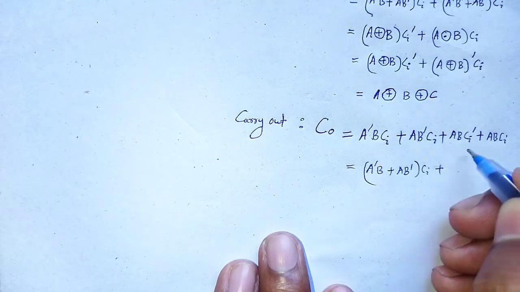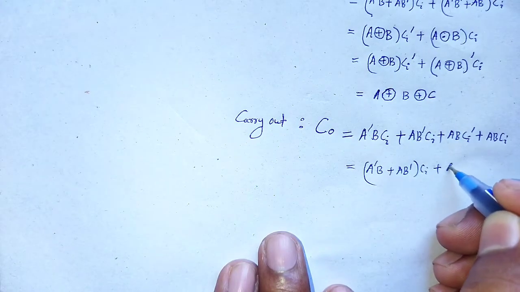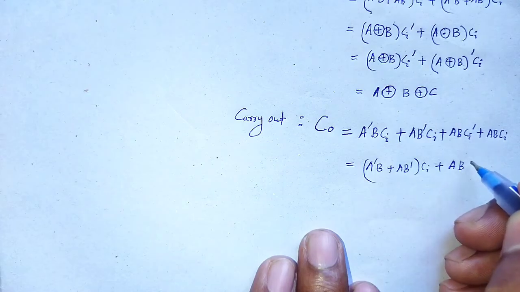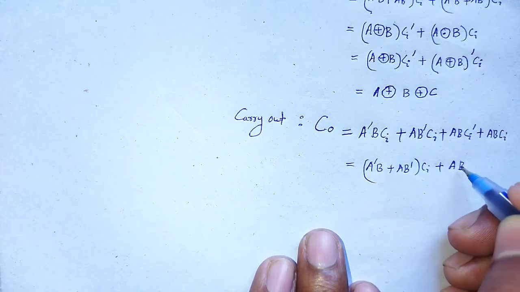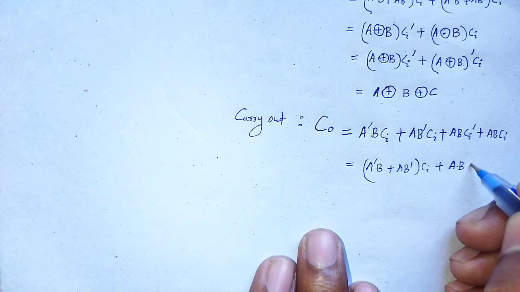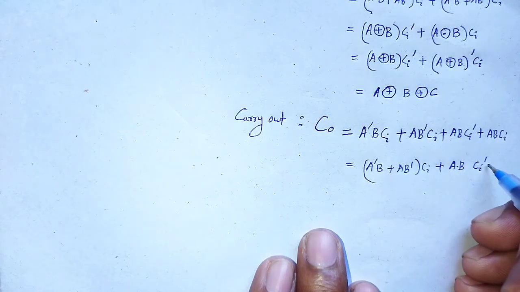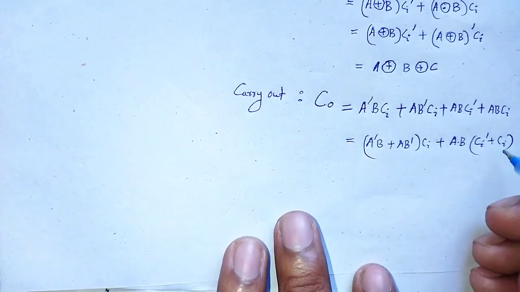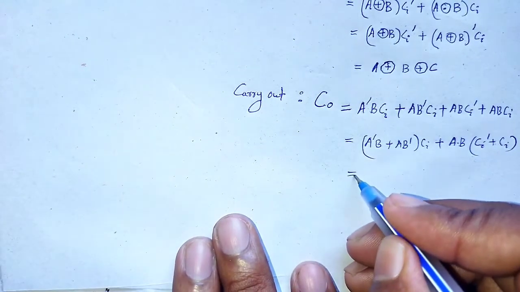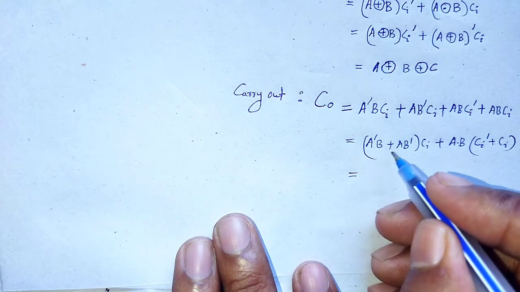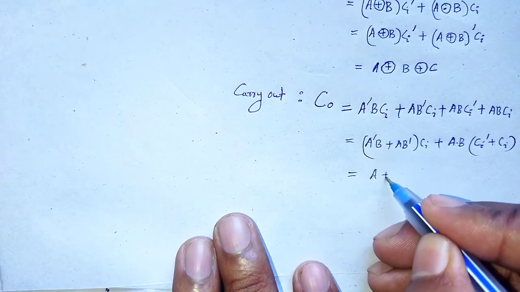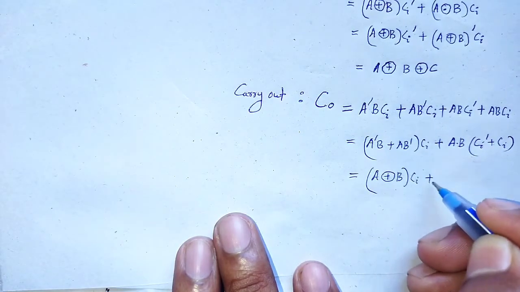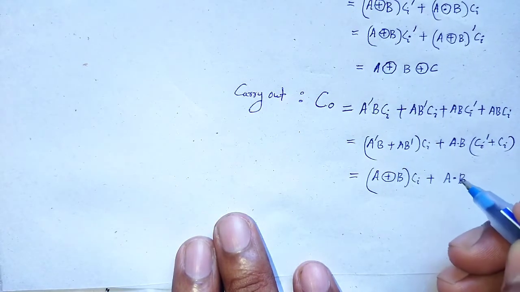Then here AB as common, inside that bracket we have Ci prime plus Ci, which will be 1. We have A prime B plus A B prime, A XOR B, into Ci plus A dot B.